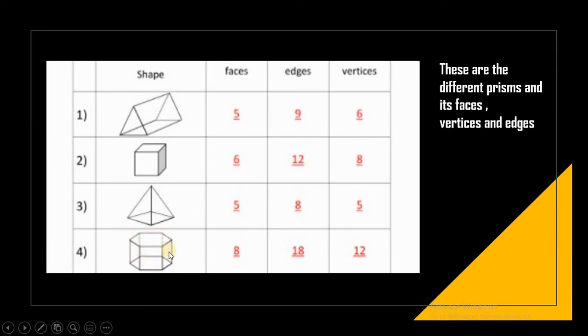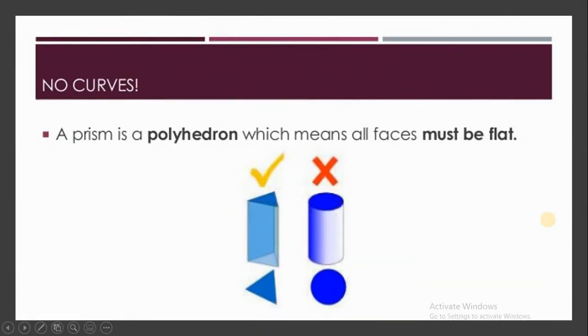And 12 vertices. What we have is that a prism is a polyhedron. A polyhedron means that all the faces must be flat.